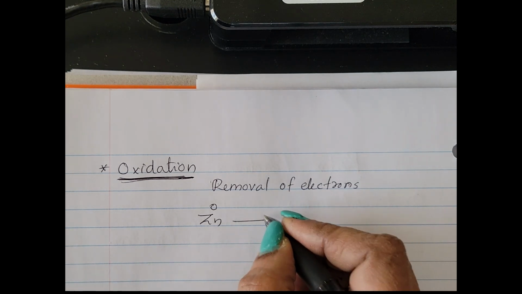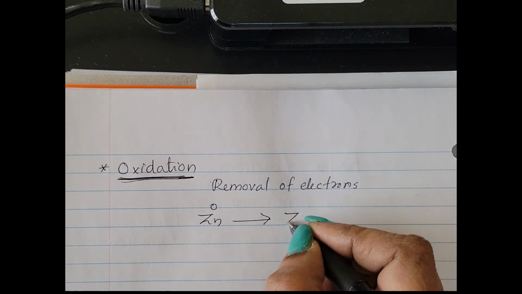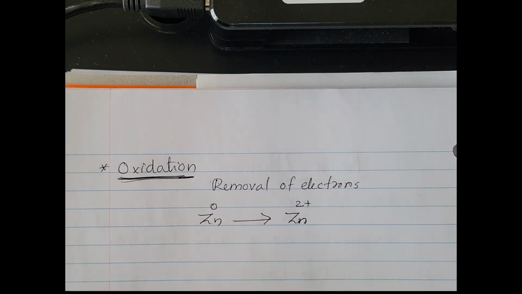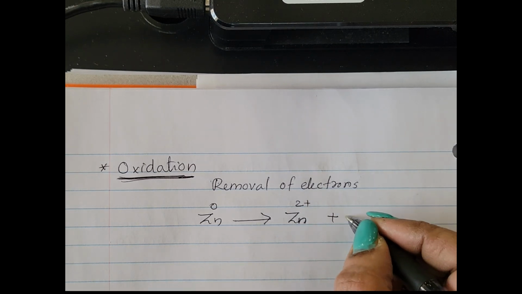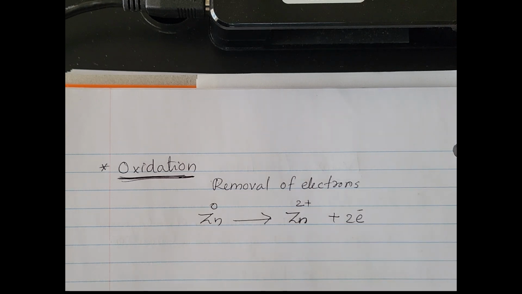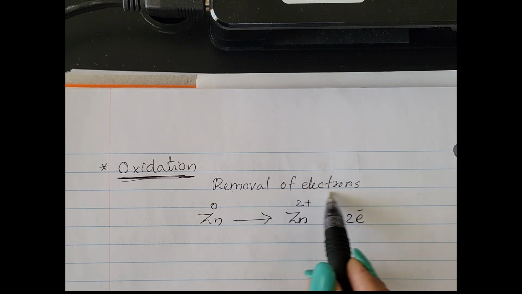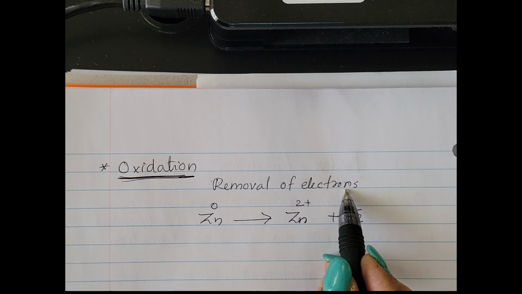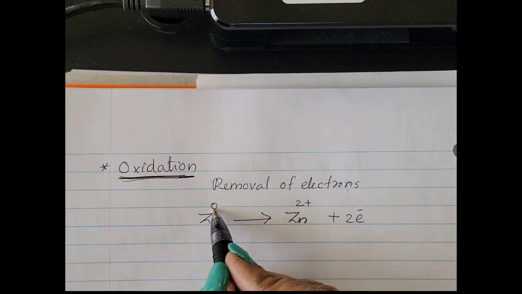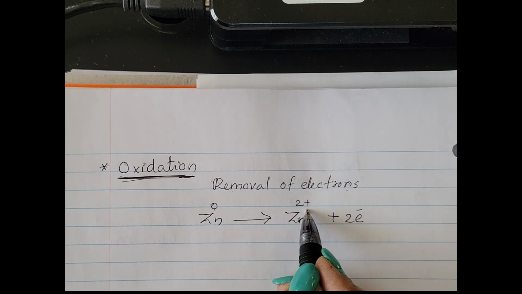It is combining with someone. I don't know who it is, but I'm just writing. After combining, it lost 2 electrons. So it becomes 2+ after releasing 2 electrons. So this is called oxidation because electrons are removed. Losing of electrons is called what? Oxidation. Okay, what happened to the oxidation number? It was 0, it changed to what?